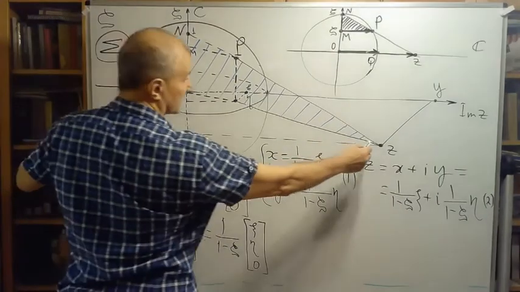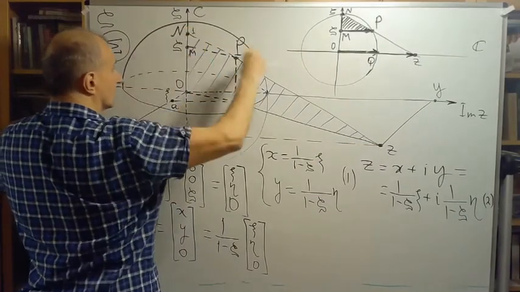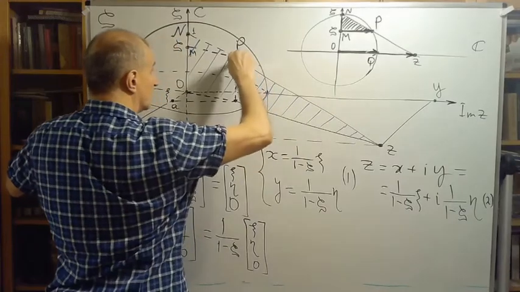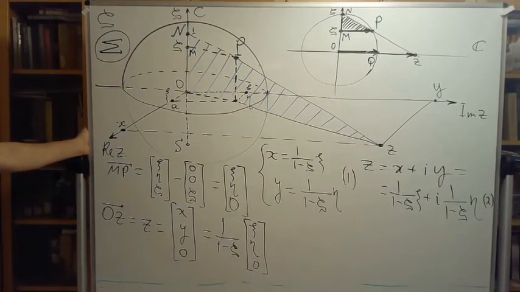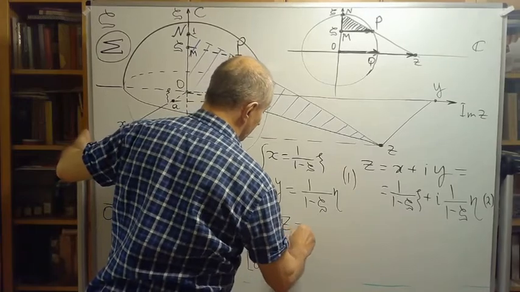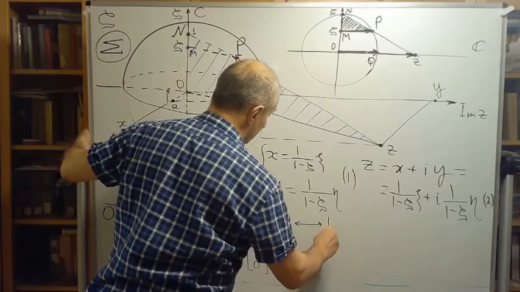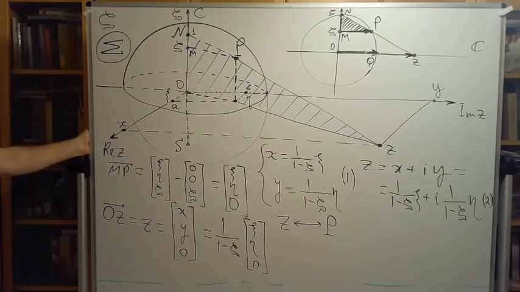And for any point Z, we can draw a straight line connecting this point Z with the north pole, and we will have some point P where this line intersects the Riemann sphere. So there is a one-to-one correspondence between point Z and P. Is it really? Let's think for a second.